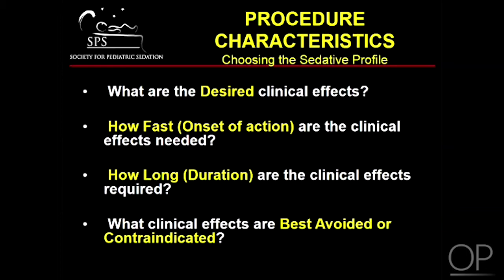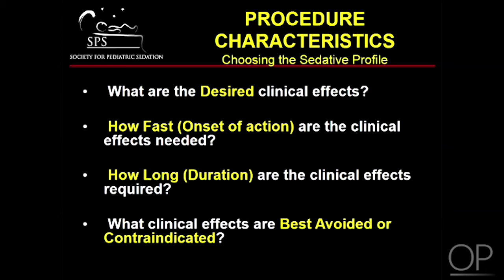Second, how fast are the desired clinical effects, onset of action, needed? Is this a procedure that needs to be done in a couple of minutes, or is this a procedure that can wait 10 or 15 minutes? Third, how long are the desired clinical effects required? Will this be a brief, painful procedure, like a lumbar puncture, or be a longer procedure, like an MRI scan?